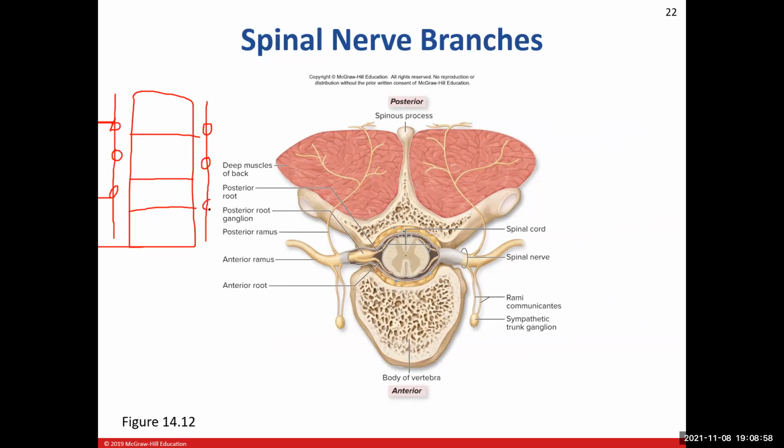And those bulges that you see, those are the sympathetic trunk ganglia. So the trunk is the skinny part here, and then the bulges are what we call sympathetic trunk ganglia. So the rami communicantes are basically the on and off ramps to the sympathetic trunk ganglia. So it'll have neurons coming in and neurons going out. And again, when we get to chapter 15, I'll go into more detail about that, but I just wanted to give you a little bit of an introduction to that.